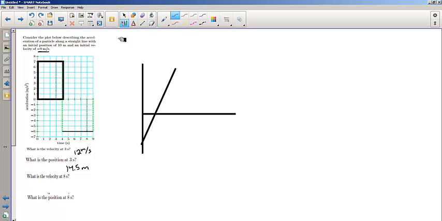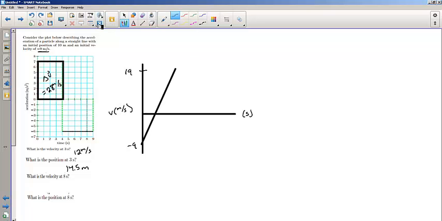The delta V of this box is now positive 28 meters per second. So starting at -9, adding positive 28 meters per second, we have a current velocity of 19.